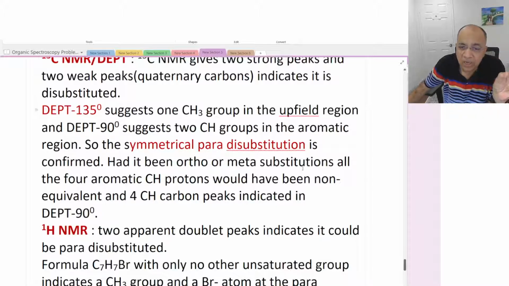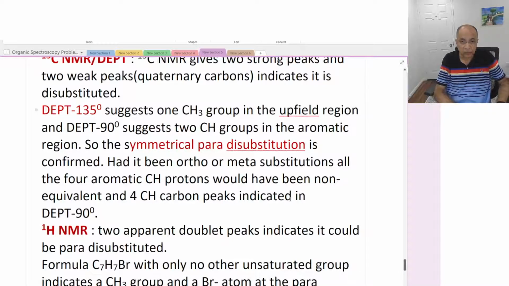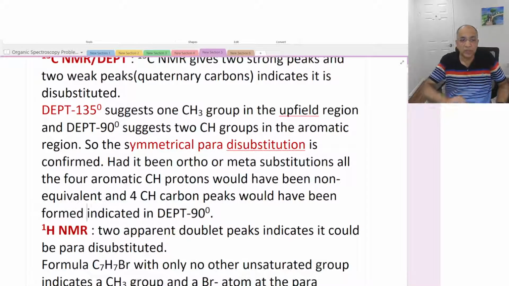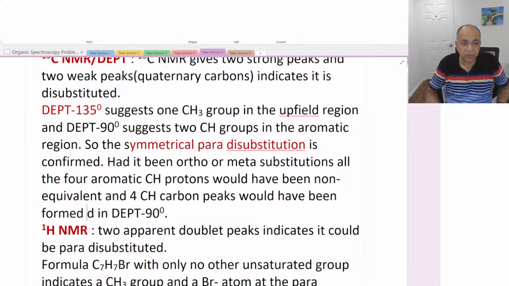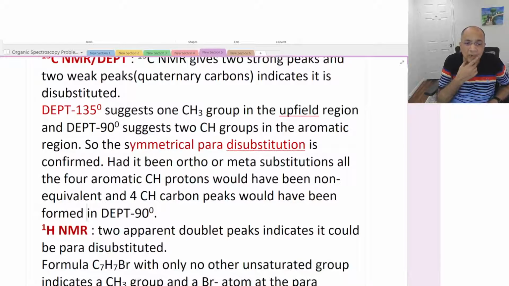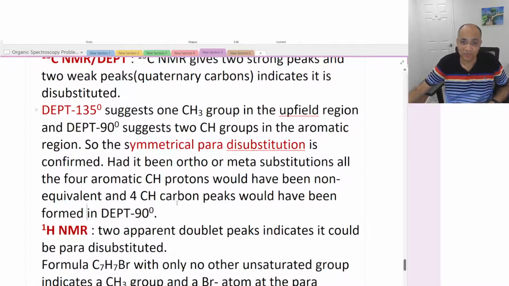Had it been ortho or meta, all the four aromatic CH protons would have been non-equivalent. Also, four CH carbons would have been non-equivalent and four carbon peaks would have been indicated in the DEPT-90. But we have only two CH carbon peaks, the tall ones. The dwarf ones are for the quaternary carbons. These two.